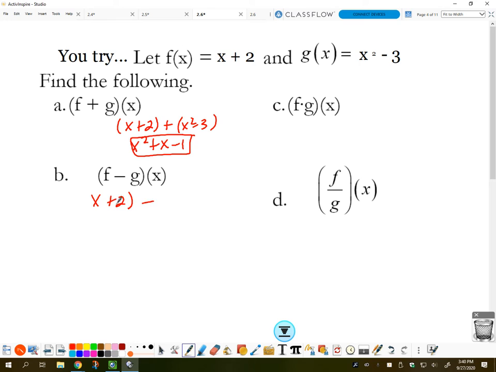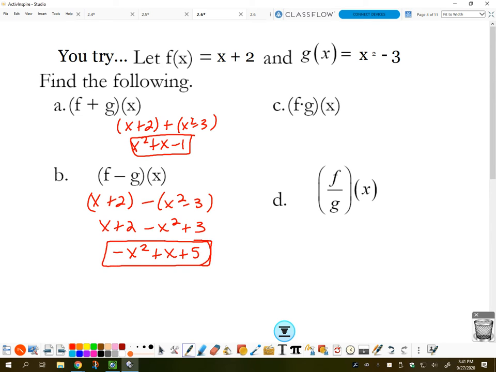X plus 2 minus x squared minus 3 would give us negative x squared plus x plus 5. X plus 2 times x squared minus 3. So x to the third minus 3x plus 2x squared minus 6.